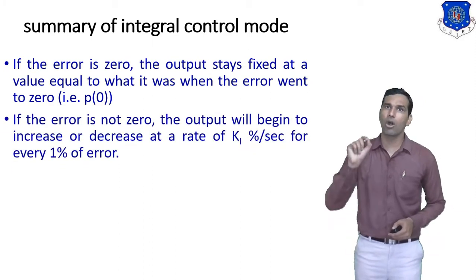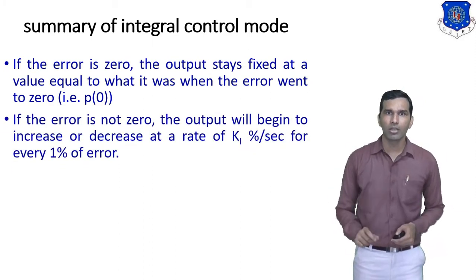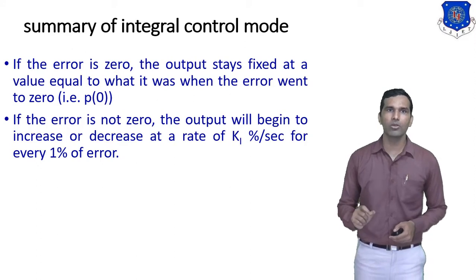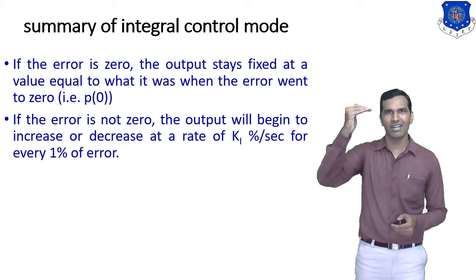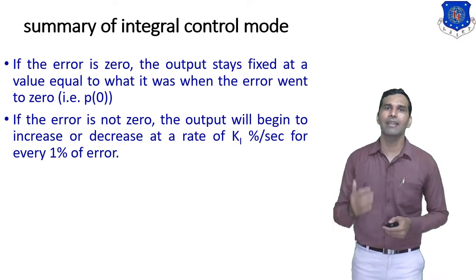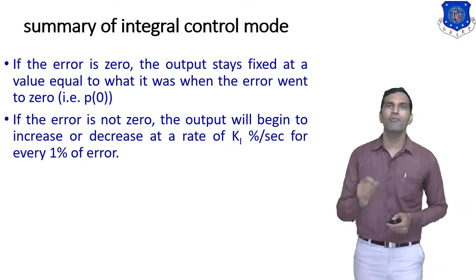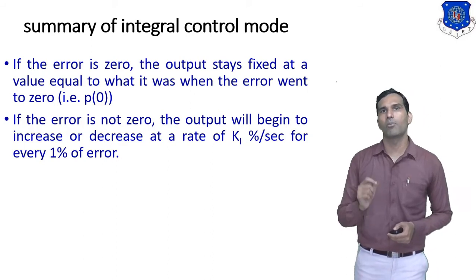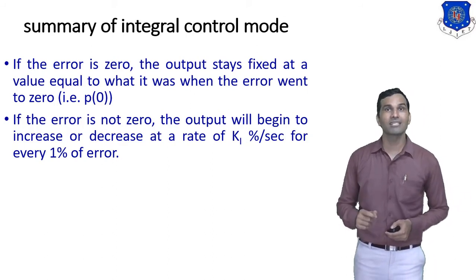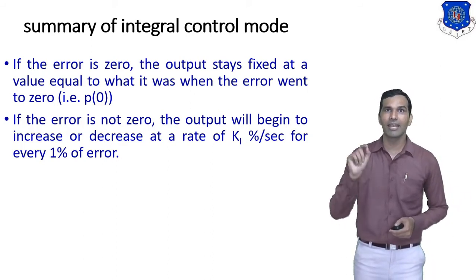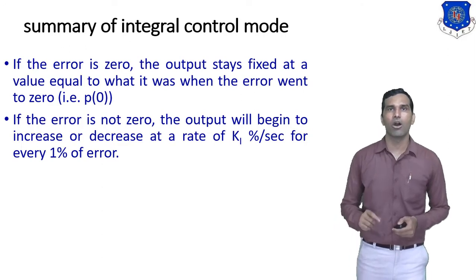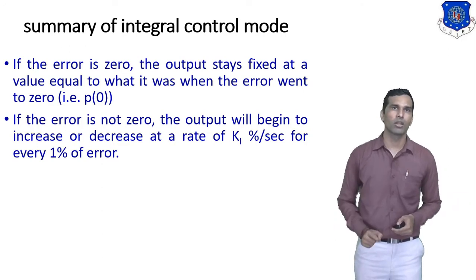If the error is not 0, the output will begin to increase or decrease at a rate of Ki percent per second for every 1% of error. What is Ki? Here Ki indicates the gain of the integral controller.